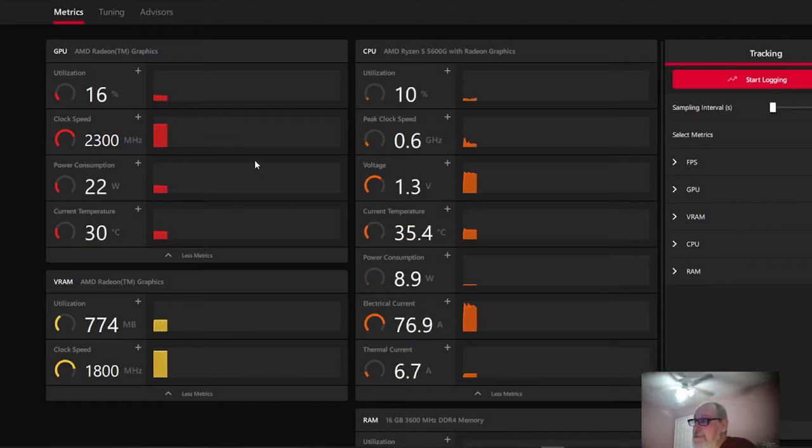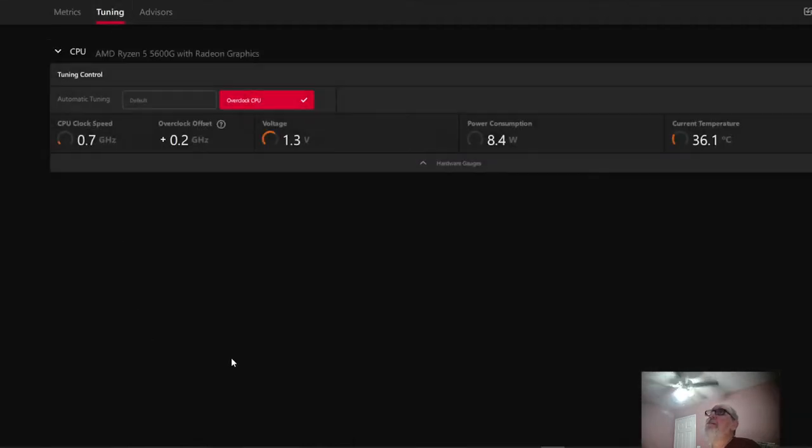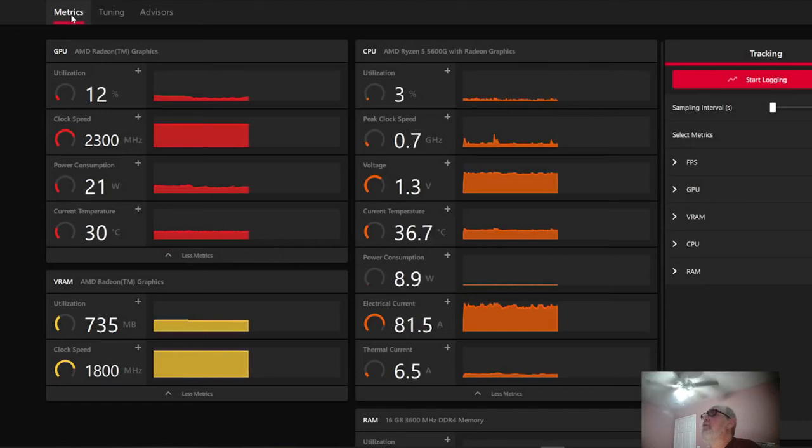Now, coming to the performance, AMD has added in for the CPU tuning, extra special tuning for your CPU to match with your GPU. So you can do CPU tuning now with your GPU. If that makes any sense to you.